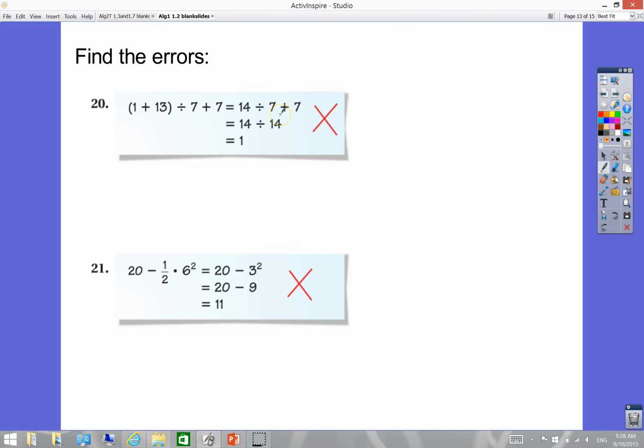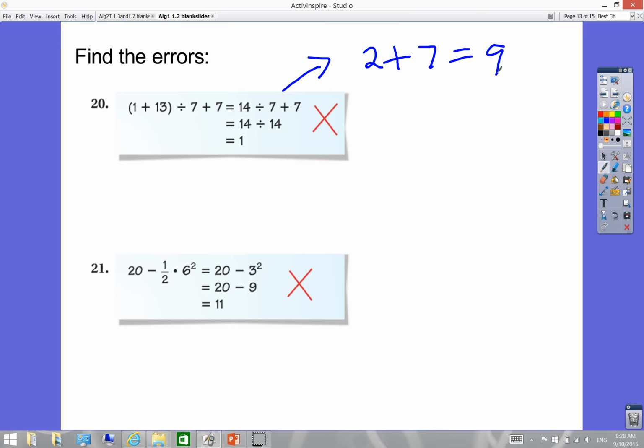What do we do next? Should be the division. The next thing we should be seeing here is a 2. 14 divided by 7 is 2. Instead, we see that they did the addition first, which means they didn't use the order of operations correctly. So that is the problem there, right? From there, it should have been 2 plus 7, which is 9.